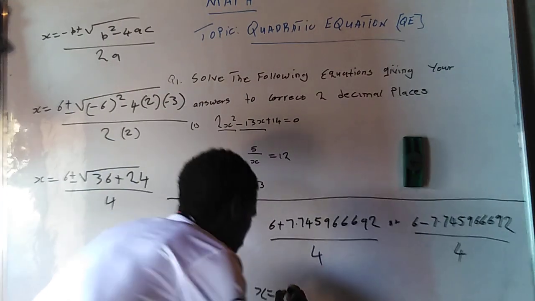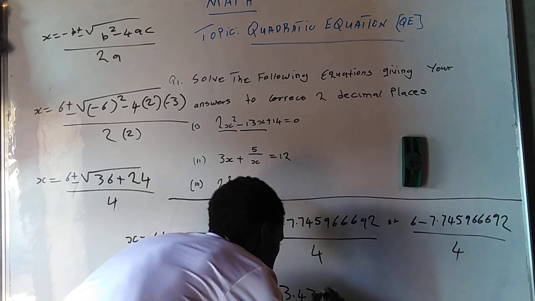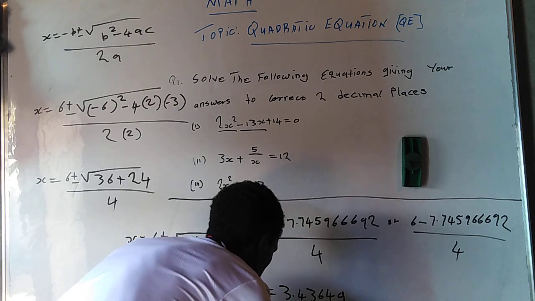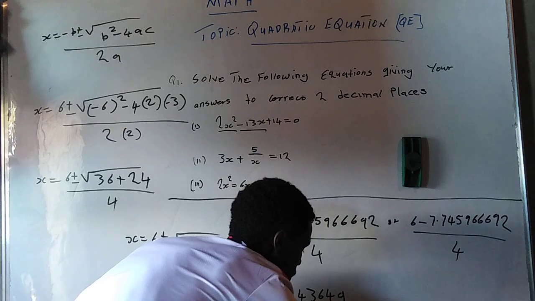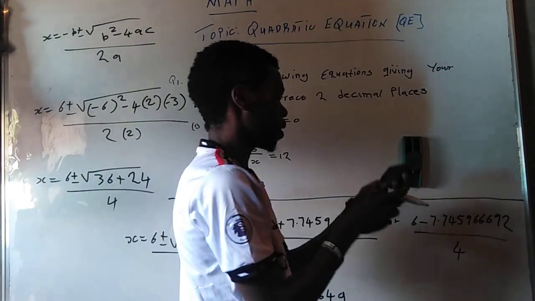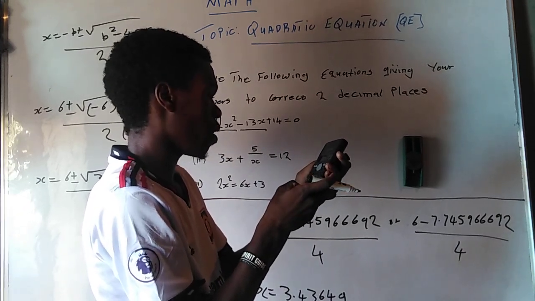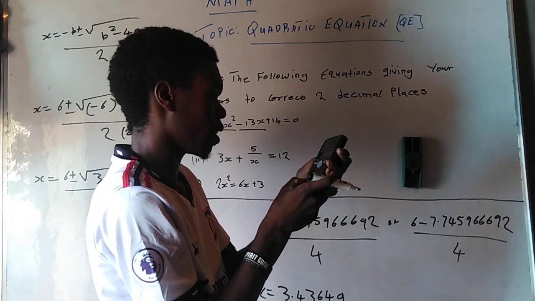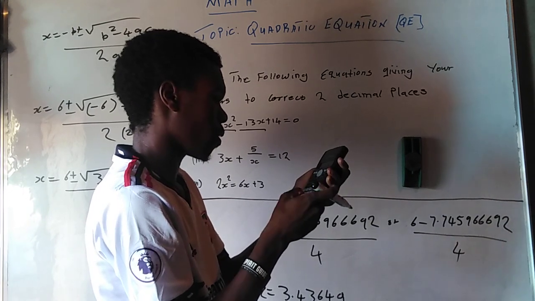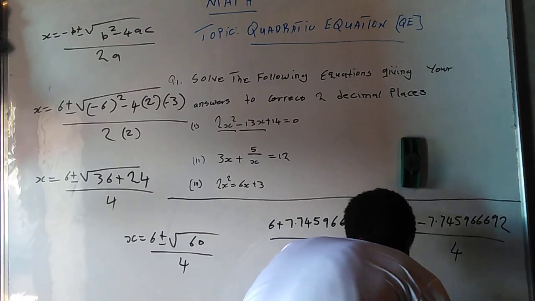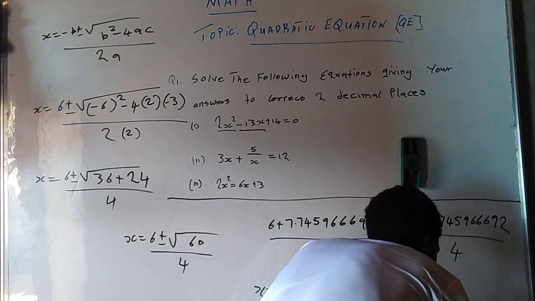I'm going to come up with 3.43649. To 2 decimal places, I'm going to say x is equal to 3.44. Then 6 minus 7.745966692 divided by 4, I'm going to come up with negative 0.43649.